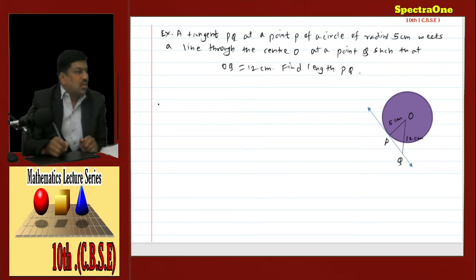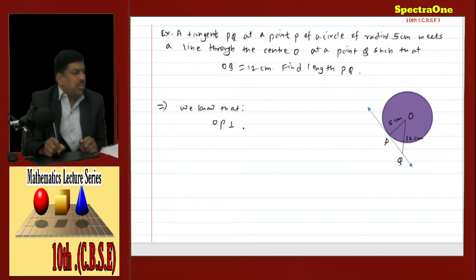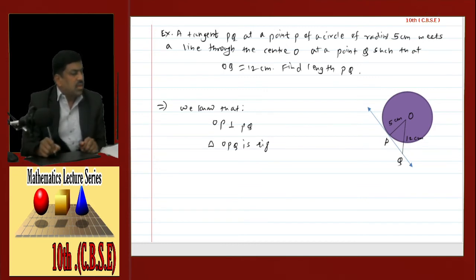Okay, so we know that OP is perpendicular on PQ, right? That means triangle OPQ is a right angle triangle. Angle P is 90 degree, by theorem.